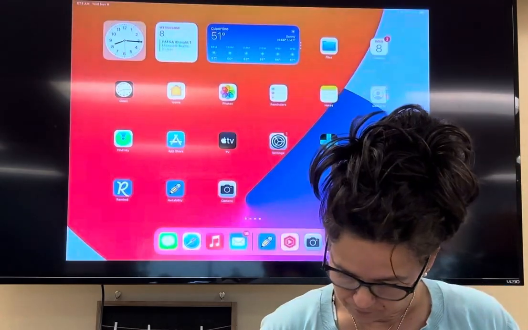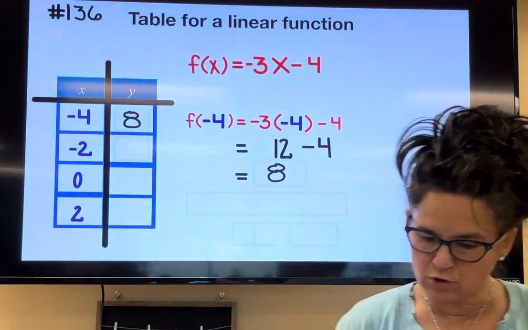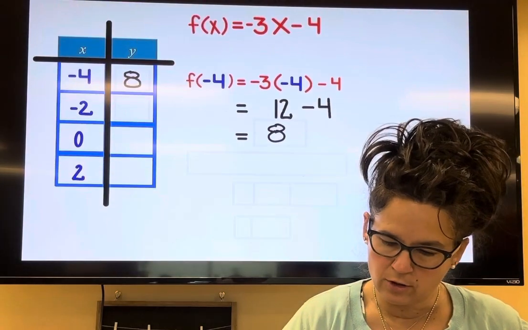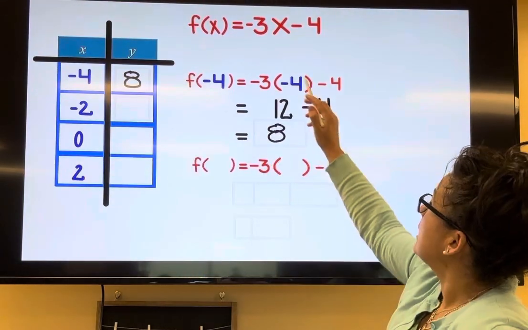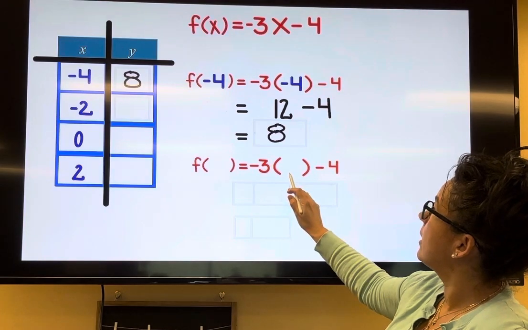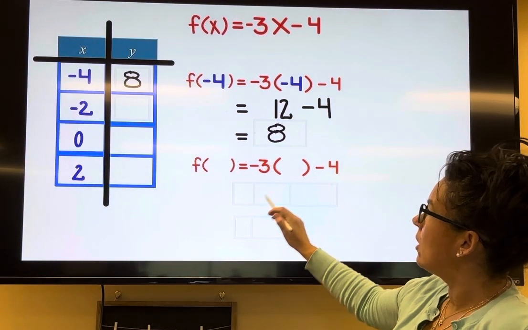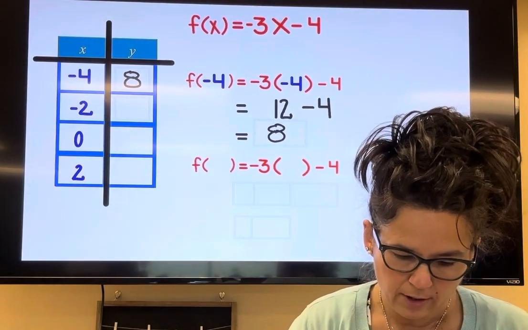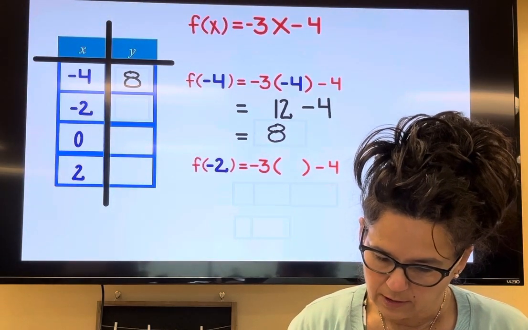Okay, so then coming back here, we'll do just one more from the table. So we start off using good notation here. Every x I just turned into a set of parentheses, and now I'm going to replace the x with the number negative 2.